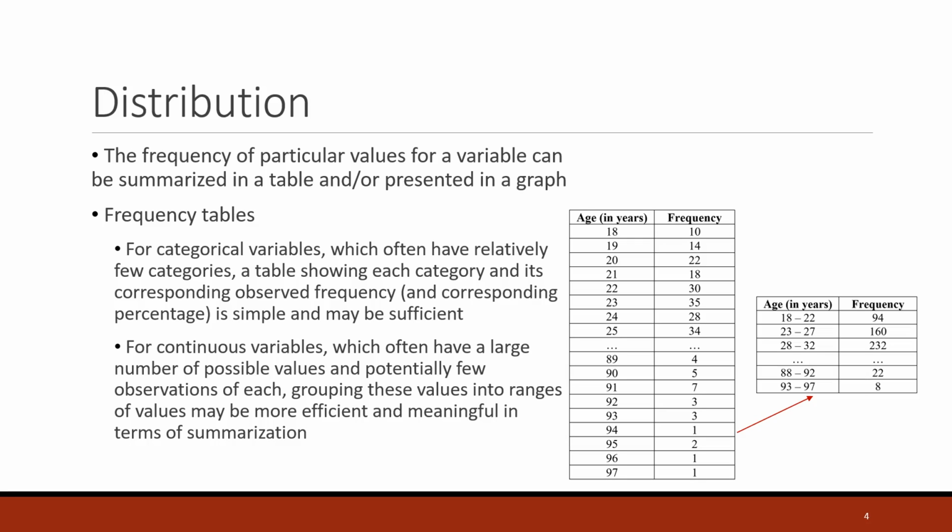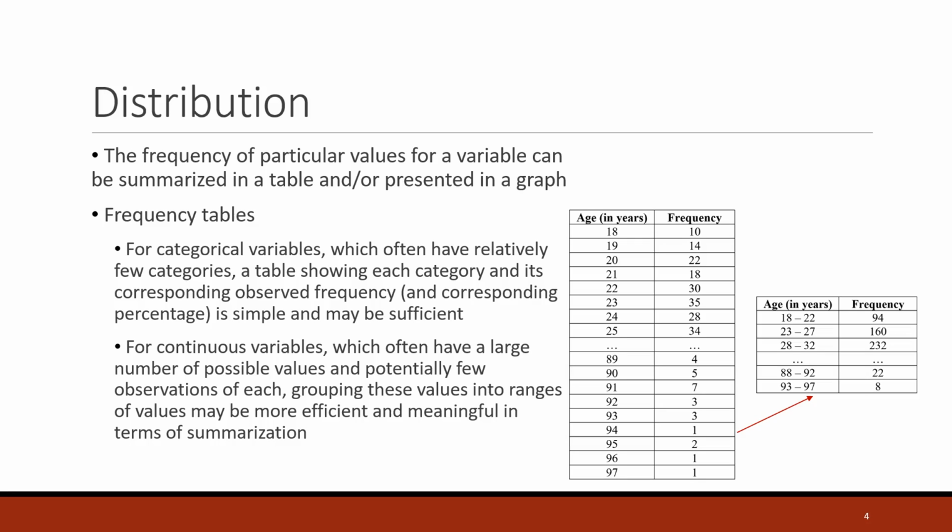So there's an example on the bottom right of this slide where we started off with a table of age in years with the corresponding frequency. The little dots in between indicate that this age range actually goes from 18, 19, 20 by years all the way through 25, just skipping over to 89 down. And we have the corresponding frequency to the right of that. But that's a lot of rows. If we had actually expanded that, I've collapsed it.